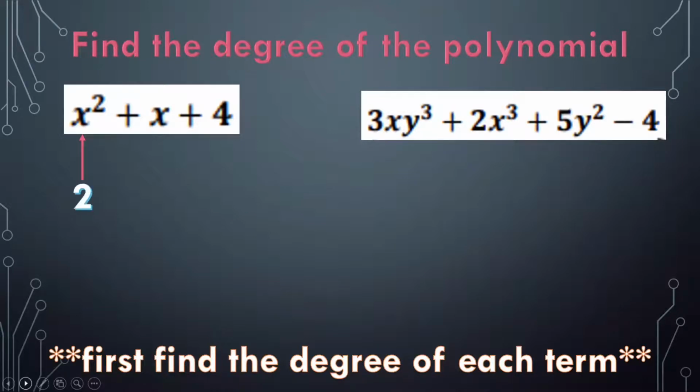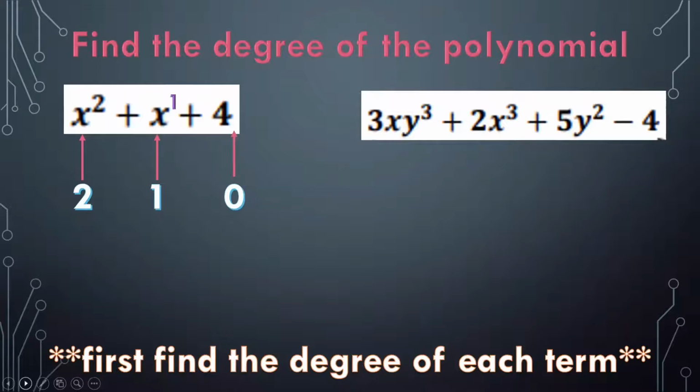If I look at the x, its exponent is 1. Then I look at the 4, and its exponent is 0 because there is no variable. We're going to get into that in topic 5 about 0 degrees, and it'll make a little more sense.